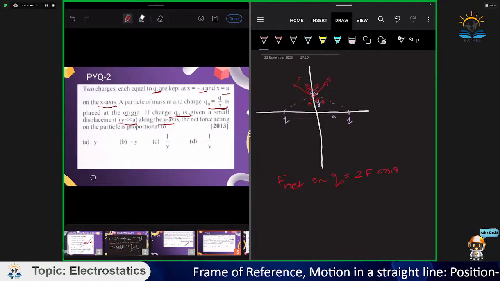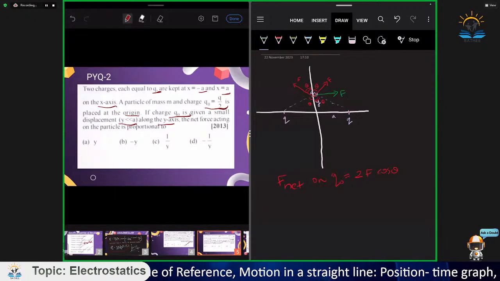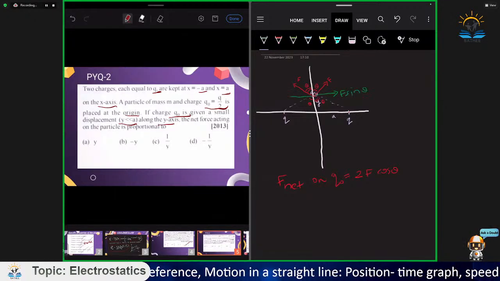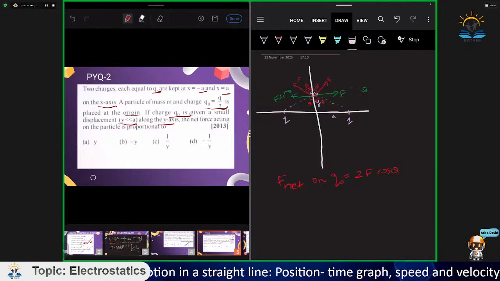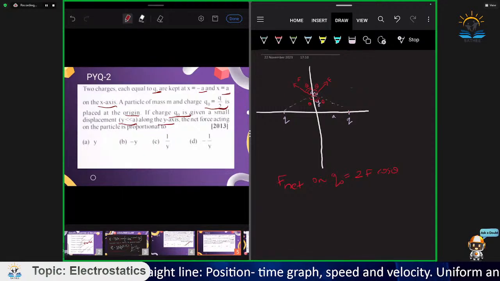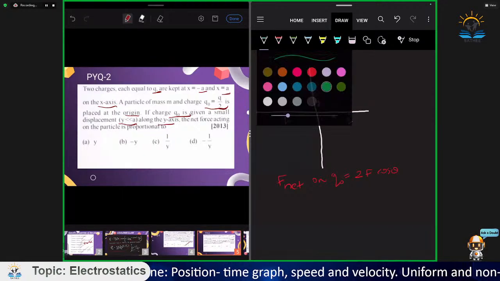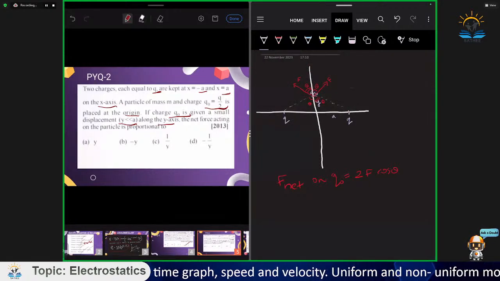How? Here will be F sin theta and F sin theta, and this F sin theta will cancel each other. Easy? Yes. Next. So the F net on Q0 is 2F cos theta.